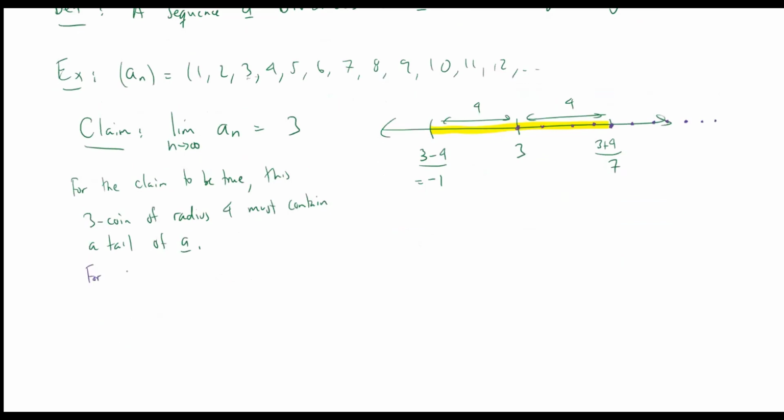For n greater than or equal to 7, right? 7's not even in there. It's right on the border, but it's not in there. For n greater than or equal to 7, a_n is not in the 3 coin.